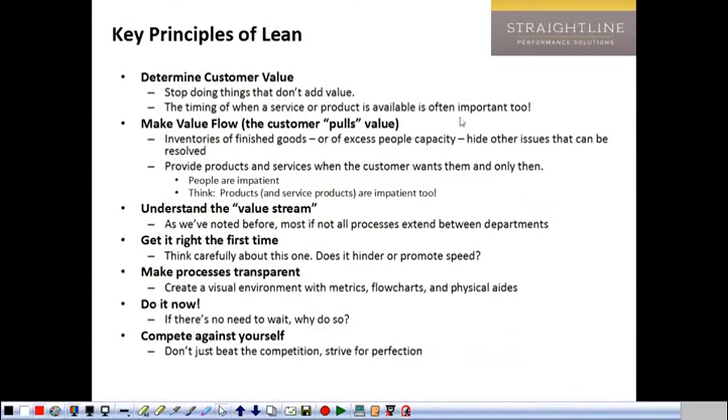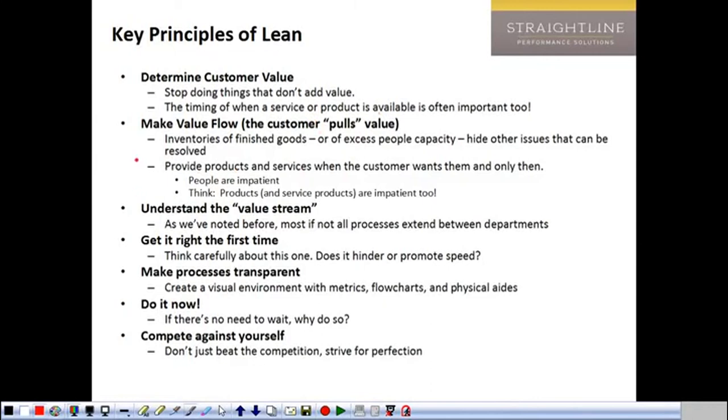All right, here are some of the key principles of lean on slide 8. And you'll see, I think, that most of these are in line with Six Sigma as well. So determine customer value, that certainly dovetails with Six Sigma.